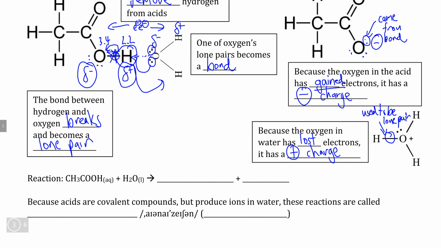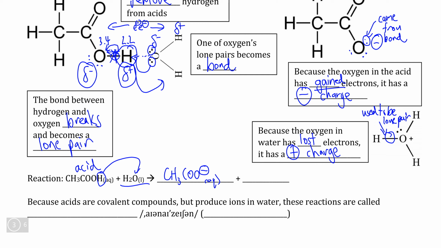If we take a look at the overall reaction here, we can write out a general reaction for this type of interaction between acids and water, where we start with an acid reacting with water. The water again pulls this hydrogen off so that we get CH3COO, missing the H of course, but in place of the hydrogen we have a negative charge.